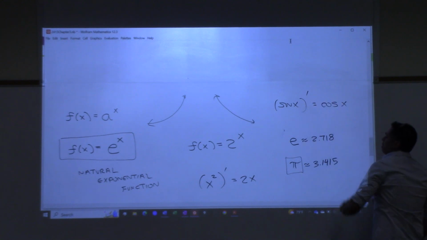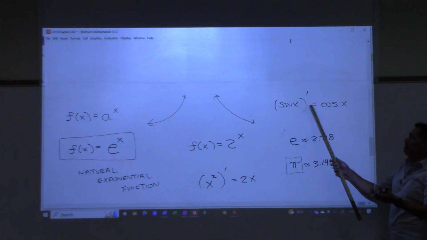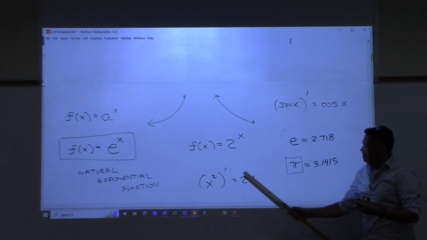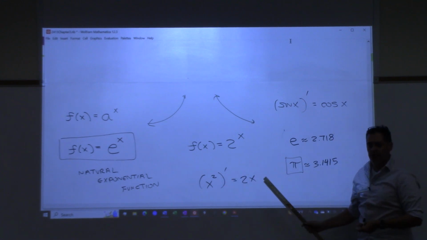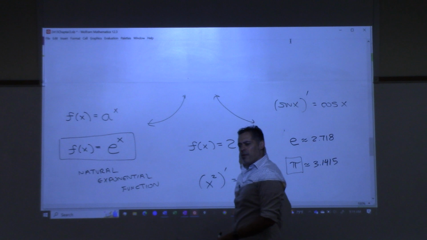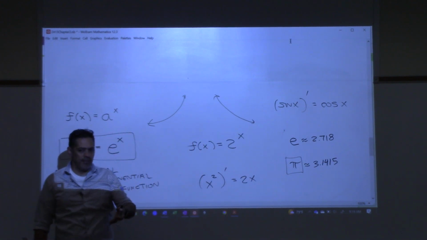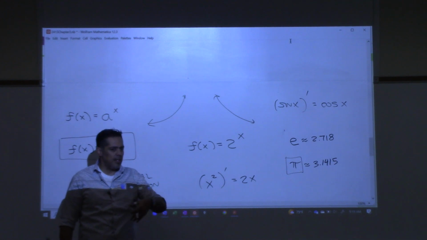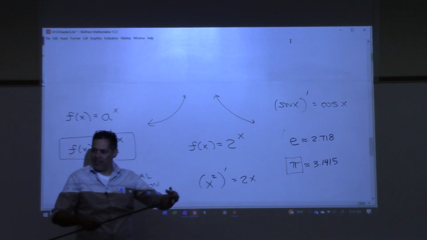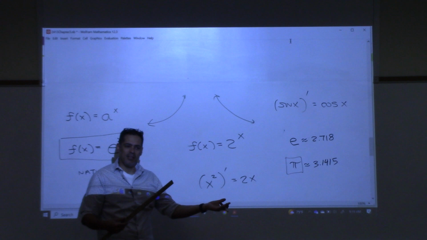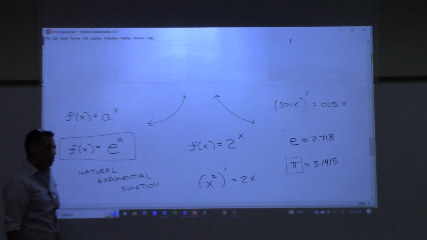Cosine x, right? So you start with the function, take the derivative, you get a new function. I wonder if there's a function that when you take its derivative, it's the same function. It doesn't change to a new function, it just stays itself. Doesn't that seem like a reasonable question to ask?